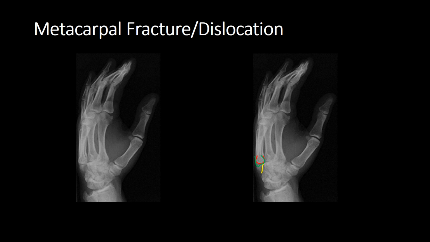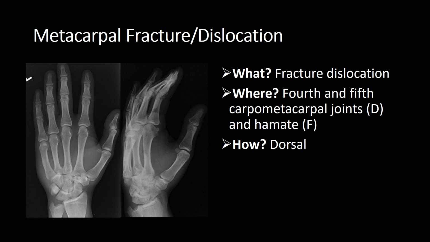And sometimes it's only the lateral view that really can help you with regards to analysing the hamate injury. So what is it? It's a fracture dislocation where the fourth and fifth carpometacarpal joints, which is the dislocation, and the hamate, which is the fracture. How? Dorsal.